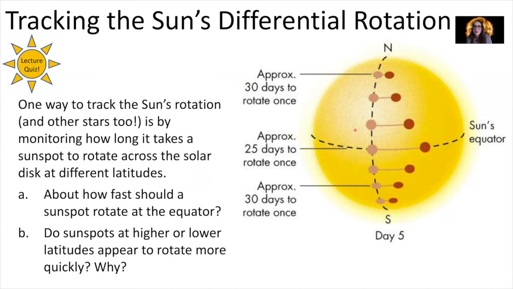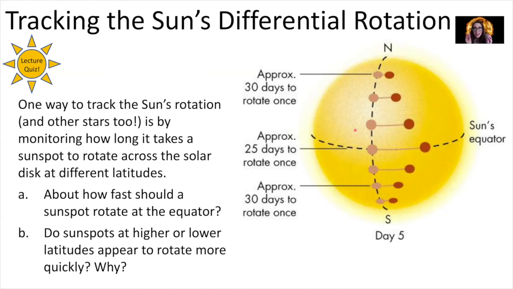This is the question that I'm going to ask you for this engagement check. One way to track the sun's rotation, or as we observe other stars, we do this too, is by monitoring how long it takes a sunspot to rotate across the solar disk at different latitudes.